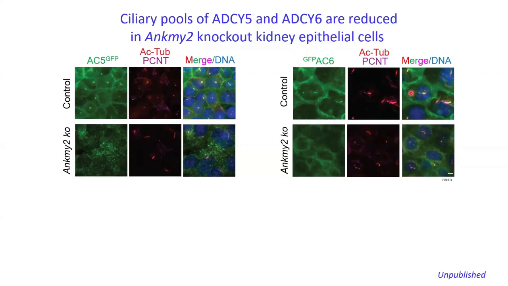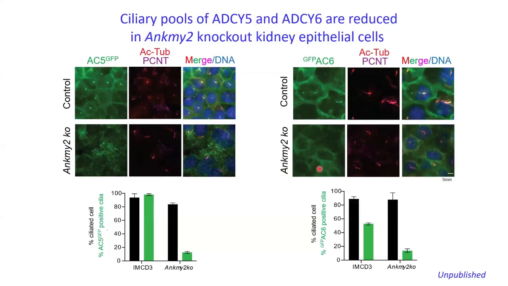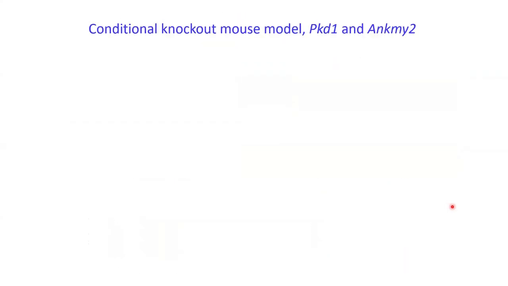These are nicely co-localized in the primary cilia. And when we knock out ANKMY2, this trafficking to the cilia was significantly reduced, both AC5 and AC6. So lack of ANKMY2 prevents ciliary localization of AC5 and 6.